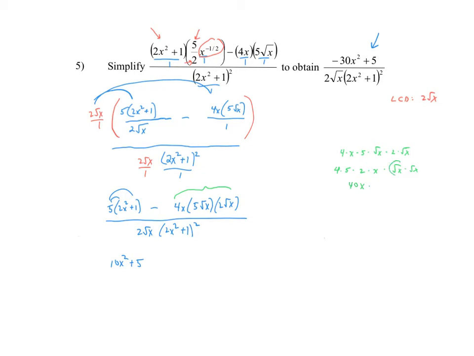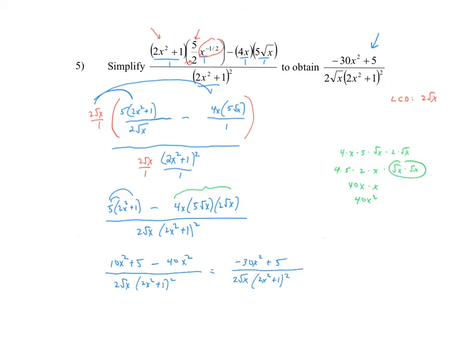Now, root x times root x is x, so that gives us 40x squared. That means that we're subtracting 40x squared in the numerator. The denominator all stays the same. At last, in the numerator, we can combine our like terms to get our negative 30x squared plus our 5 divided by 2 root x times 2x squared plus 1 squared.